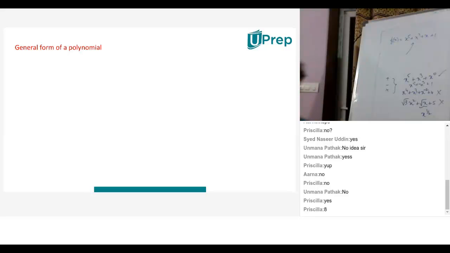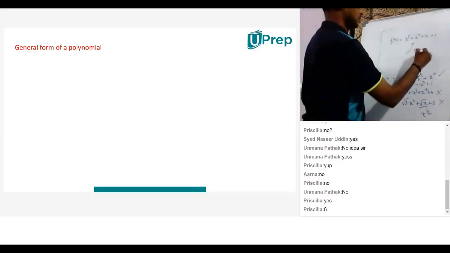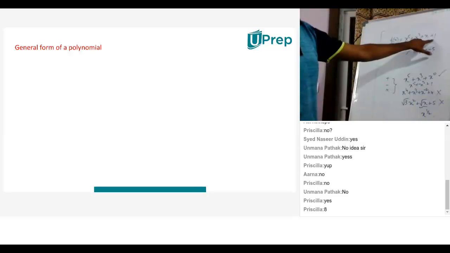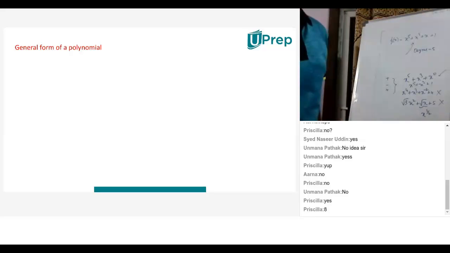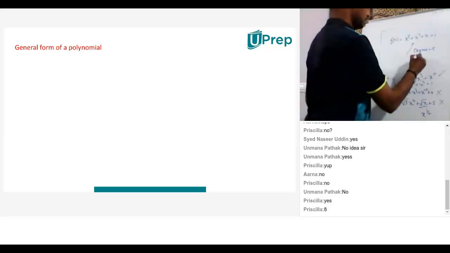Nobody else apart from Priscilla? Here, the degree of this polynomial is 5. Degree is 5 because this is the highest power of the variable in this polynomial. The highest power of a variable in the polynomial is its degree. Okay, children. And the degree should always be a whole number.